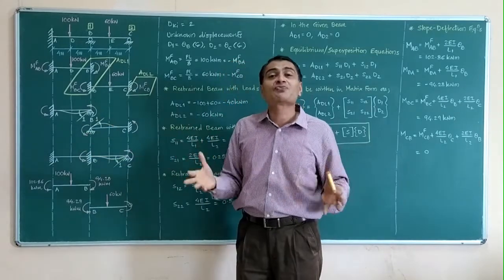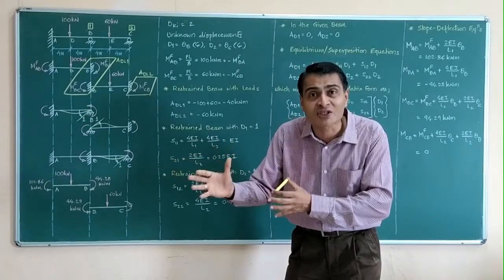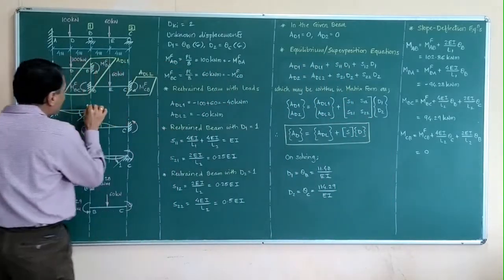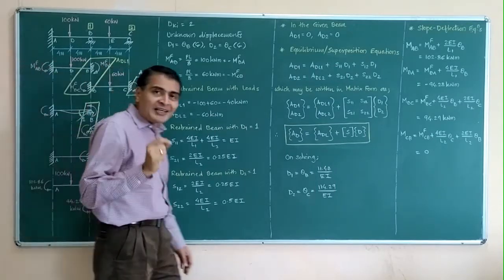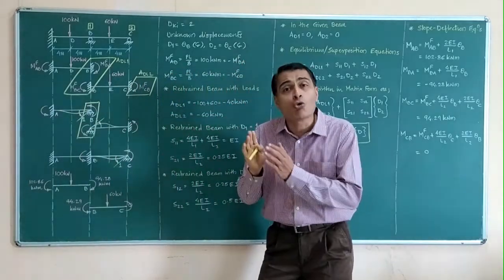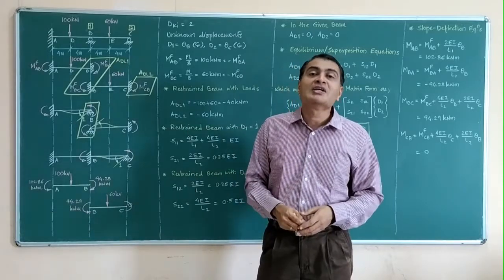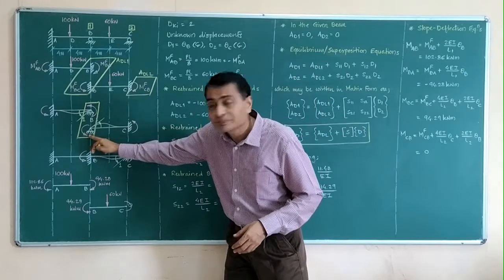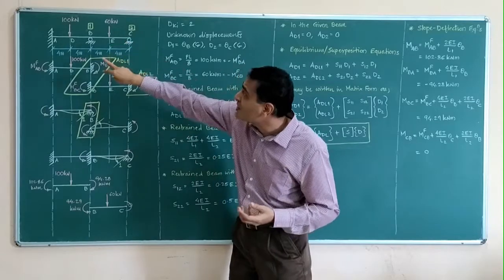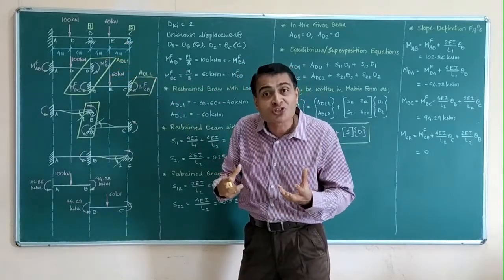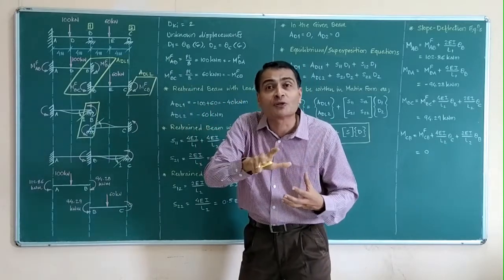And then as per the stiffness coefficients that we have discussed recently at the beginning of this lecture, what is this coefficient together? So it is stiffness at 1 due to unit rotation at 1. Stiffness, these two together. Why together? Because B is an intermediate joint. When I try to rotate B, stiffness of AB will also constitute, stiffness of BC will also constitute in the resistance to that rotation.